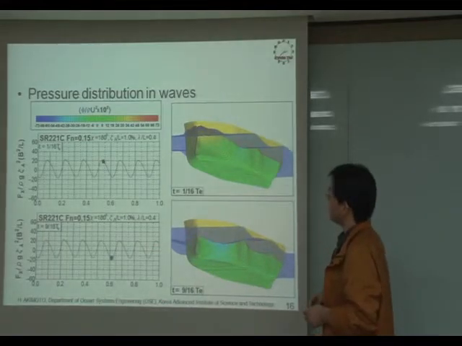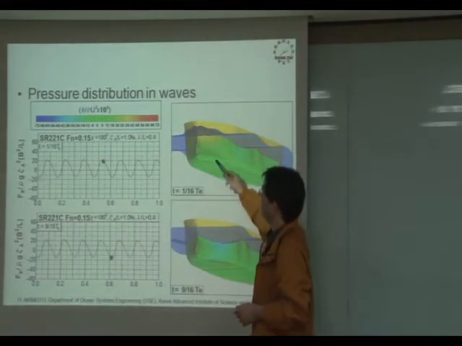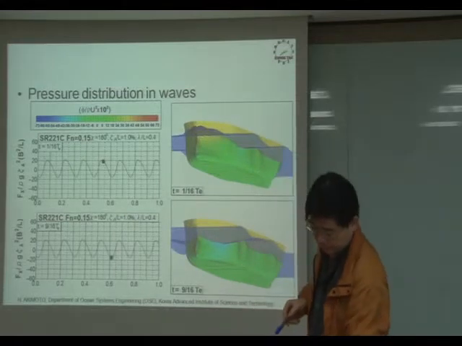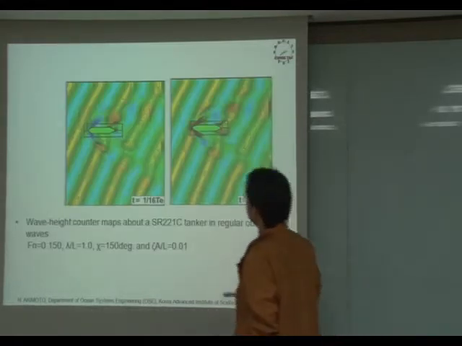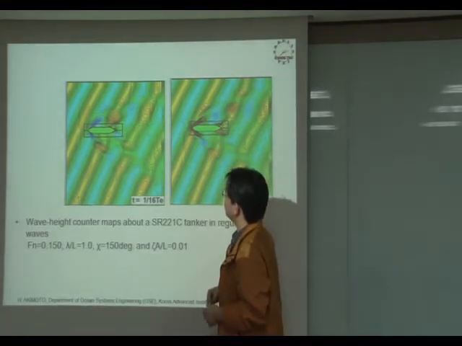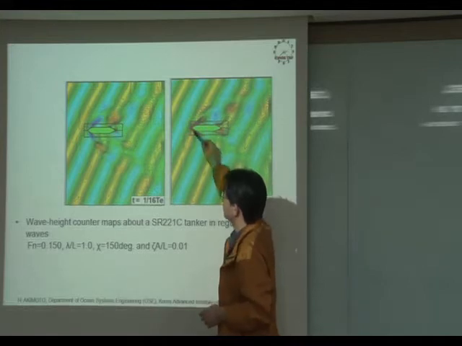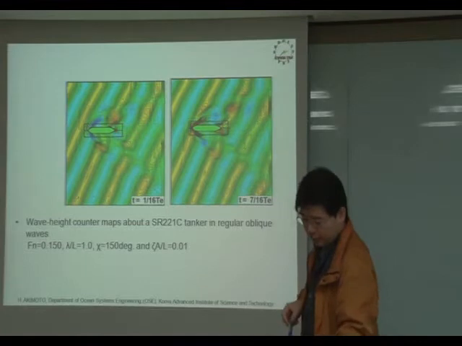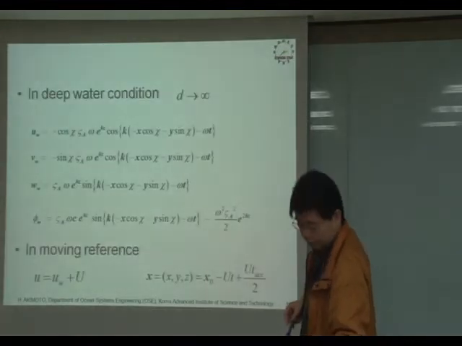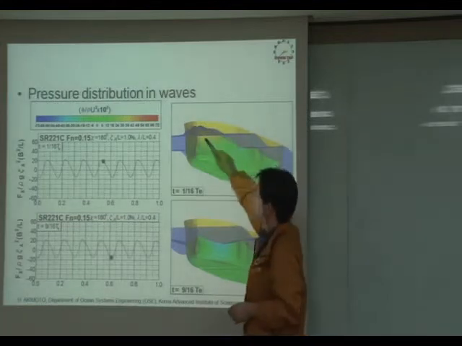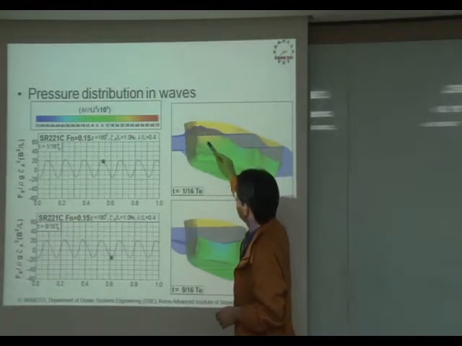In the maximum drag, it is similar to this position. The peak of the wave is near the bow, and it will increase the pressure on the surface.